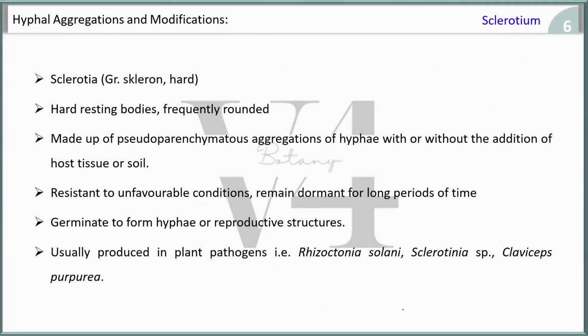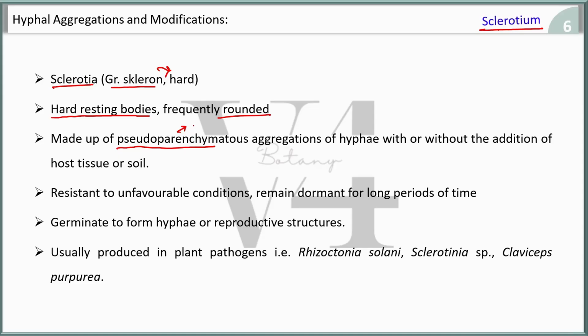Next, hyphal aggregation and modification is Sclerotium. Plural is Sclerotia. It is derived from the Greek word scleron, which means hard. So basically, Sclerotium is a hard resting body. Generally, it is round in shape, and it is made up of Pseudoparenchyma, the hyphal modification that we have studied earlier.